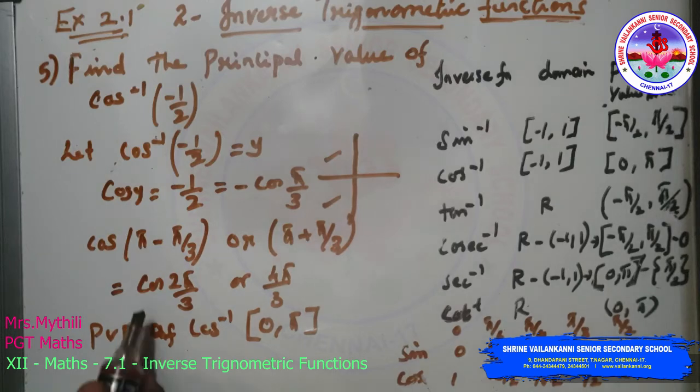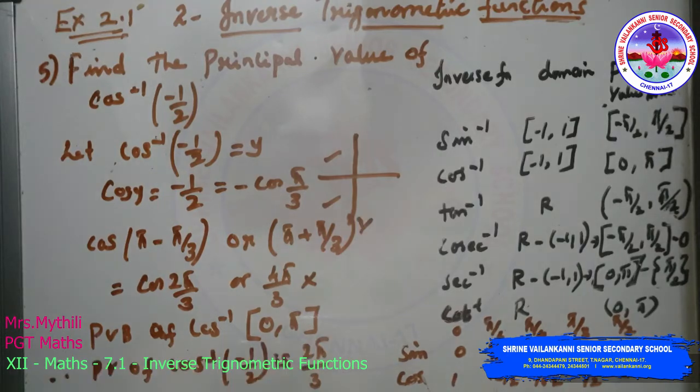It is clear that 2 pi by 3 lies in the branch and 4 pi by 3 does not lie in the branch of cos inverse. Therefore, the principal value of cos inverse of minus half is 2 pi by 3.